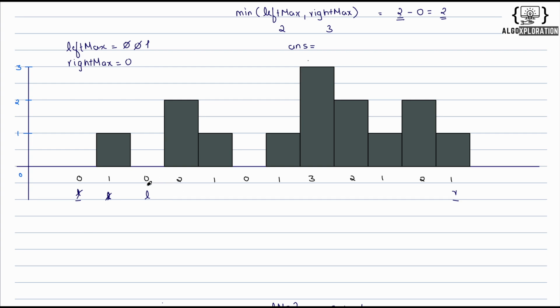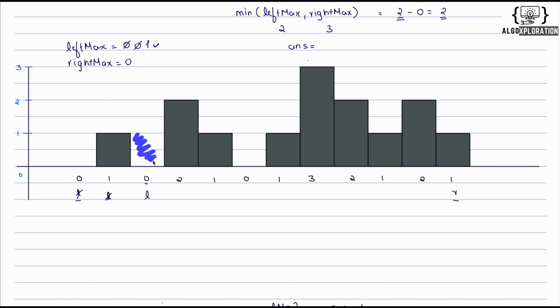We can see that 0 is the minimum. Since 0 is the minimum, we have to compare with the left max as well. It means that till this point the highest height of the building is 1, and you are pointing to a building of height 0, so it will store some amount of water.